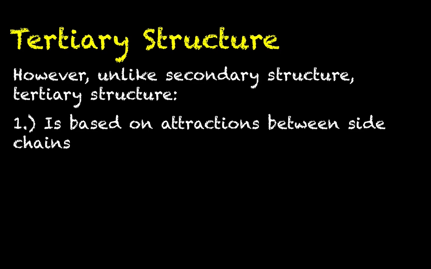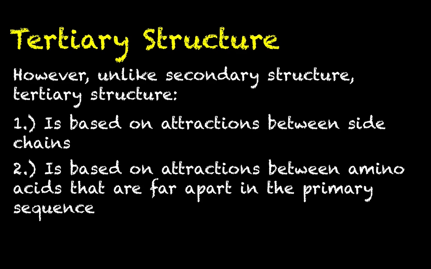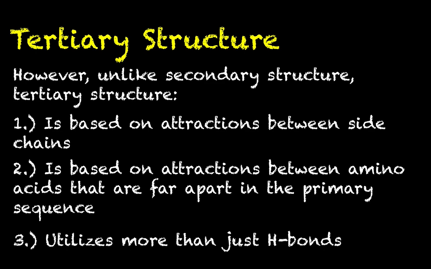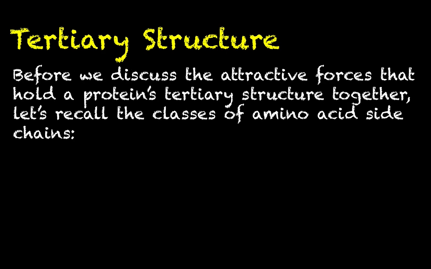Number one, tertiary structure is based on attractions between side chains rather than atoms in the backbone. Number two, tertiary structure is based on attractions between amino acids that are far apart in the primary sequence. And number three, tertiary structure can use hydrogen bonds, but it can also utilize other attractive forces other than hydrogen bonds, as we will see here in just a moment.